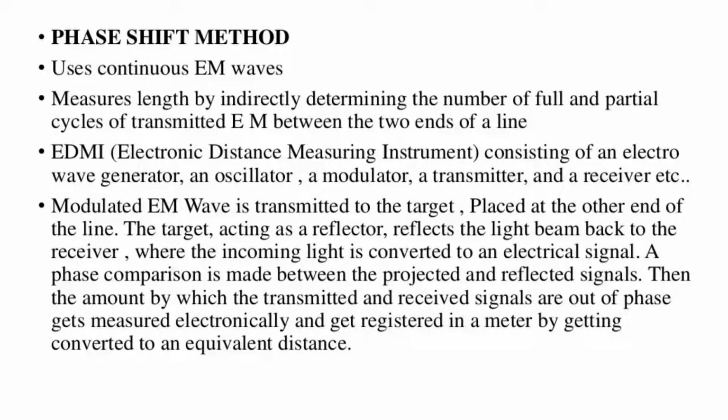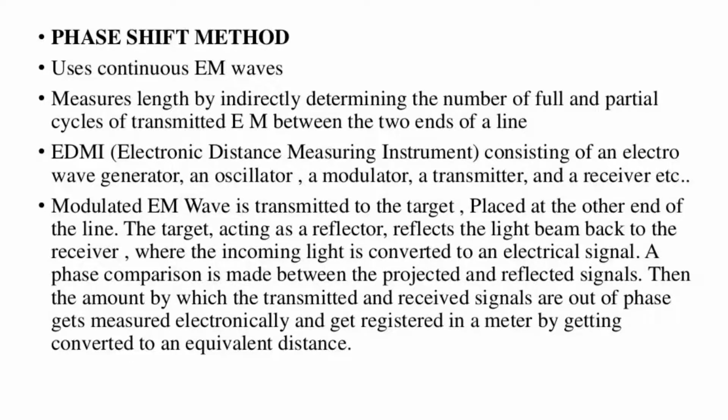The principle of EDM is presented. It uses continuous EM waves and measures length by directly determining the number of full and partial cycles of transmitted EM waves between the two ends of a line. The EDMI, that means electronic distance measuring instrument, consists of an electro wave generator, an oscillator, a modulator, a transmitter, a receiver, etc. A modulated EM wave is transmitted to the target placed at the other end of the line.